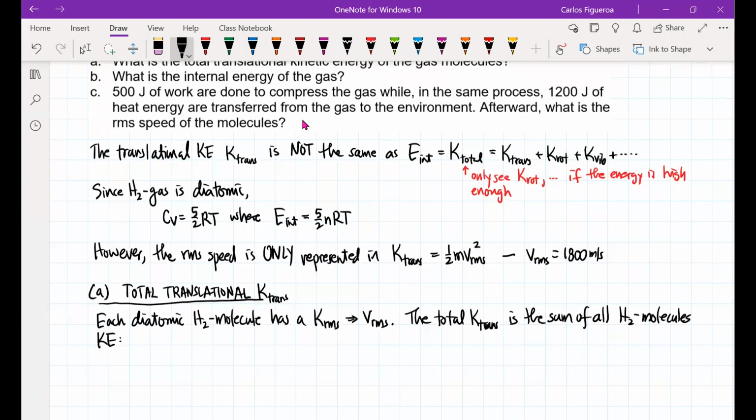So I could say that the total translational kinetic energy should be the number of hydrogen gas molecules times their individual RMS kinetic energy, which is 1/2 m v RMS squared. Now, the thing you got to be careful about is that this mass is not a molar mass.